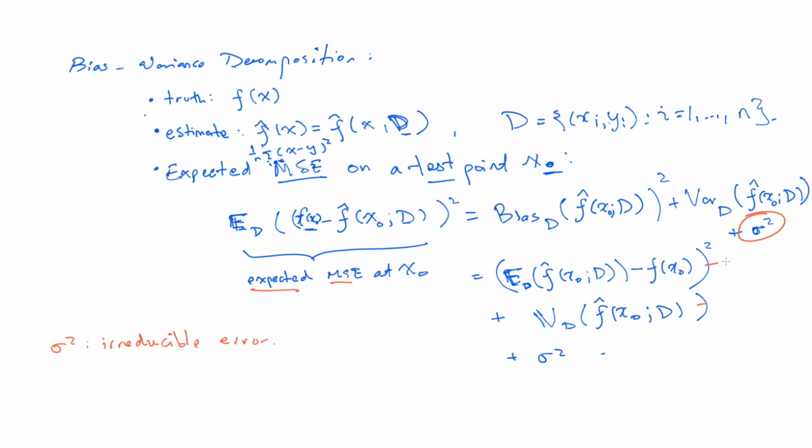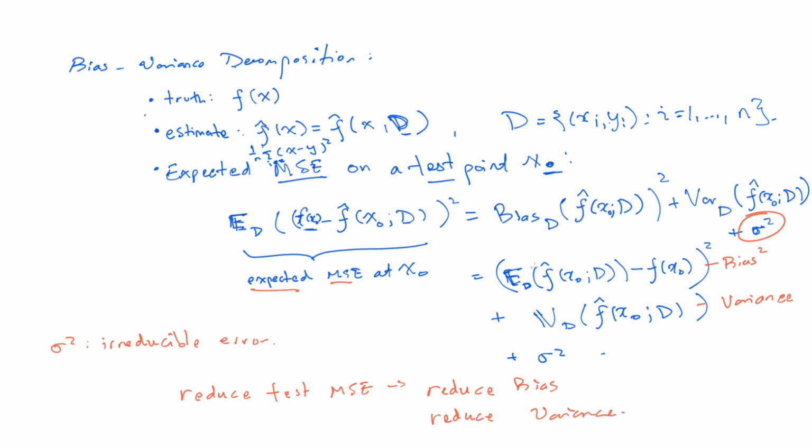Now, this is the bias squared term, and this is the variance term. What this tells me is that if I want to reduce test mean squared error, I should reduce bias and reduce variance.